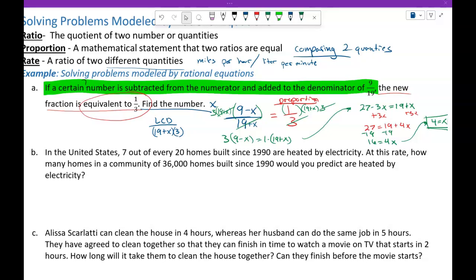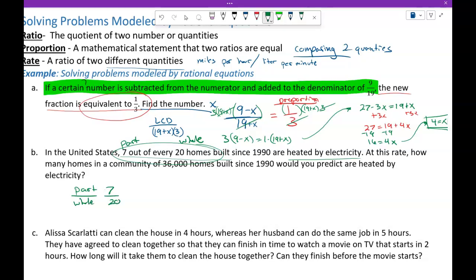Oftentimes we'll see proportions as comparisons between part and whole. So in the United States, 7 out of every 20 homes built in 1990 are heated by electricity. This is a ratio that is representing a part to whole relationship. The part is 7 while the whole is 20.